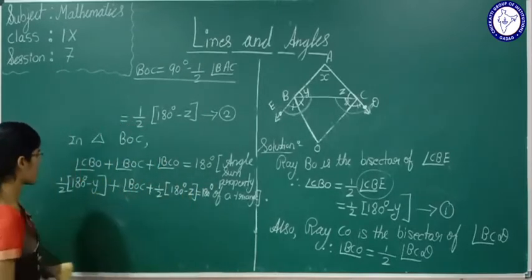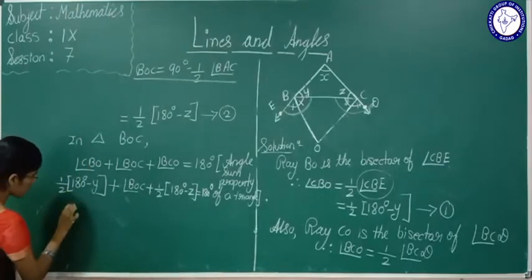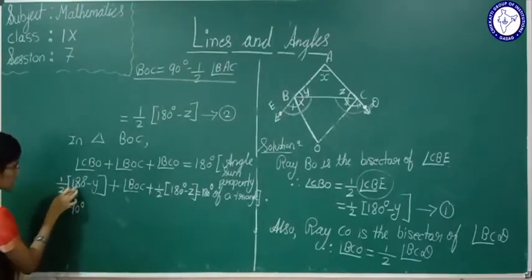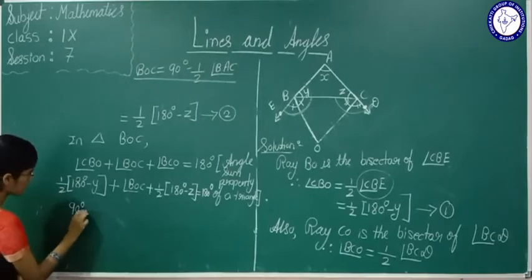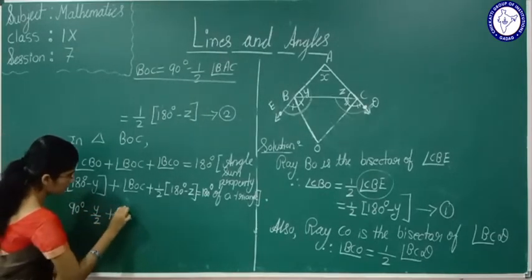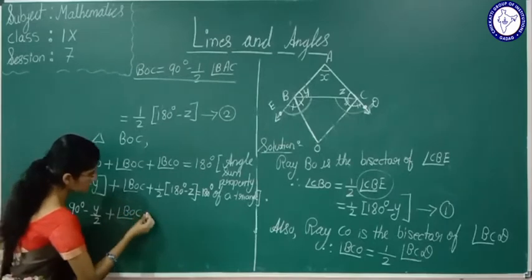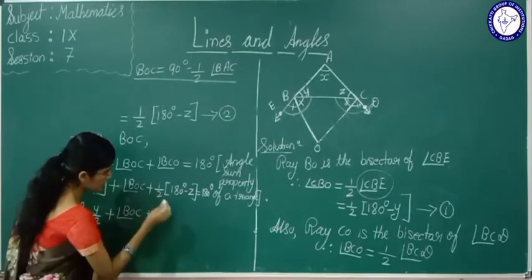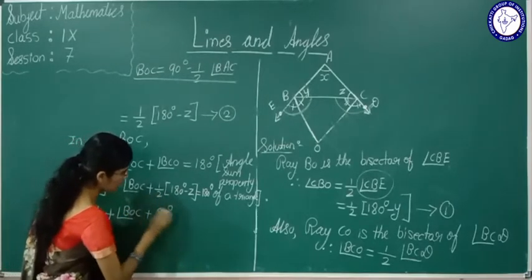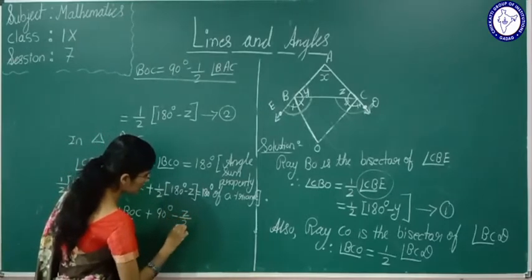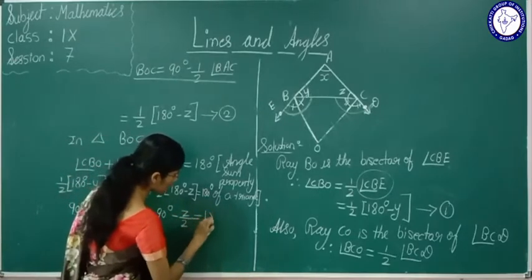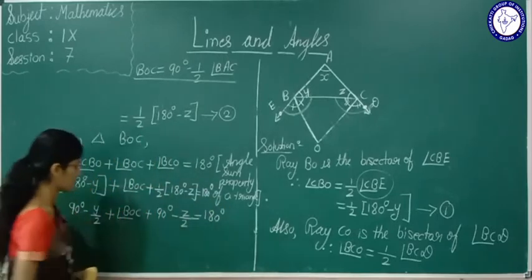Now simplify this. It will become 90 degree minus y by 2 plus angle BOC plus 90 degree minus Z by 2 is equal to 180 degree.